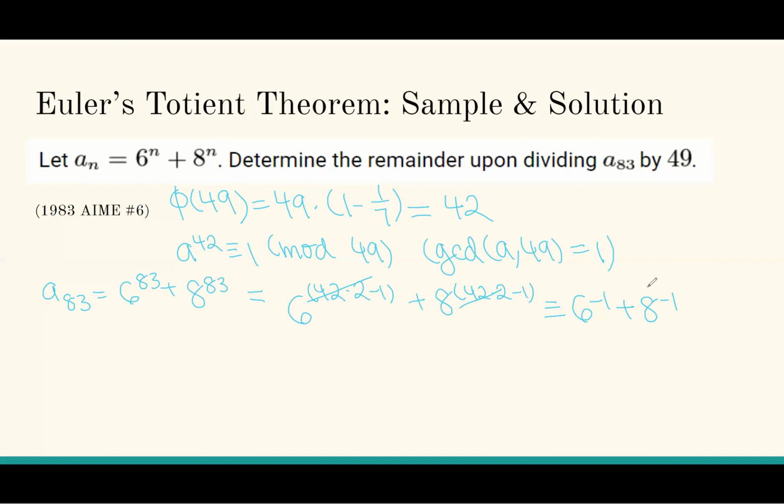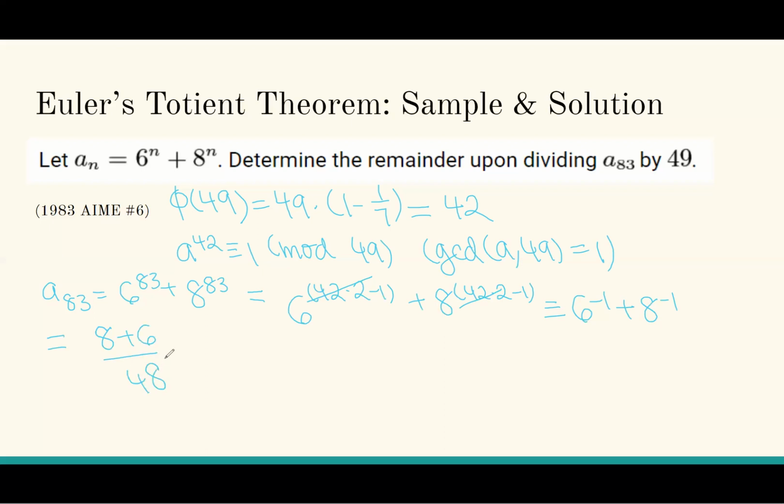Now we're kind of finding the inverses of 6 and 8 in modulo 49. Obviously, we could just do this manually, but we can also do the following. It's kind of similar to how arithmetic would work normally. So we can write it with a common denominator, 8 plus 6 over 48.